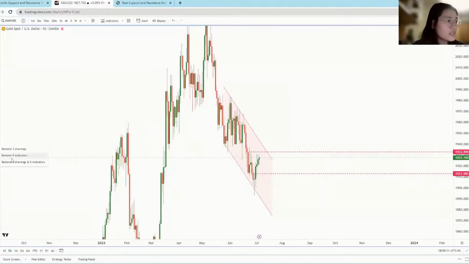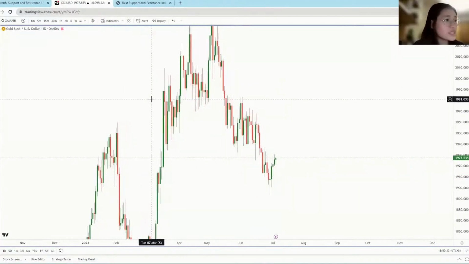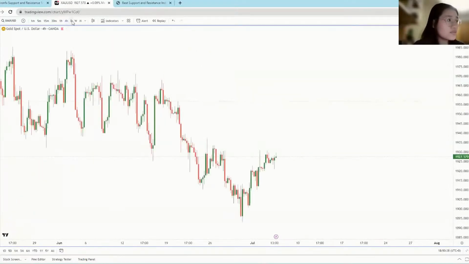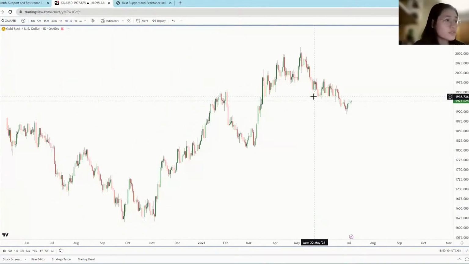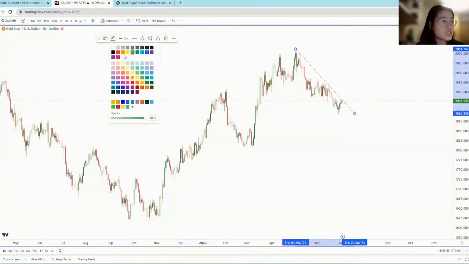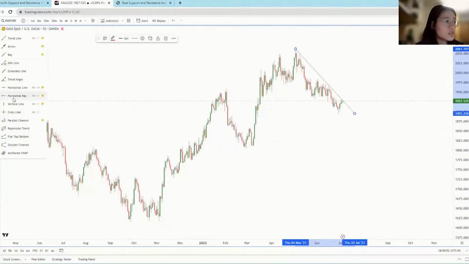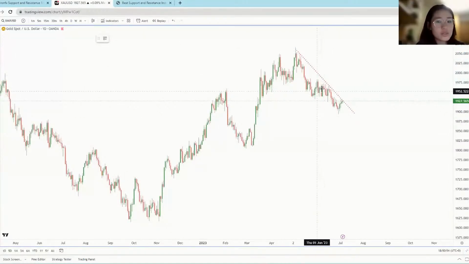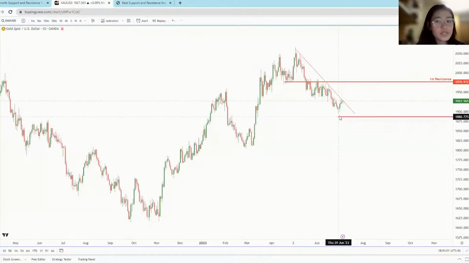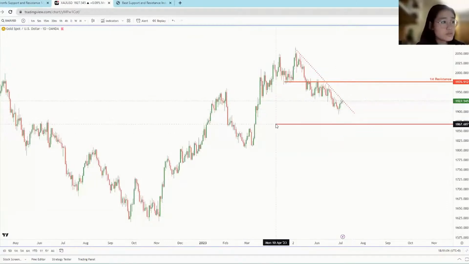I'm gonna go ahead and analyze on our daily time frame instead because it's much clearer than our 4-hour chart. Okay, so that's why we mentioned earlier that market structure is important. Okay, so we can see price moving in this descending trend line. Now let's go in with our levels. So I have a first support, first resistance here, and then my first support over here.